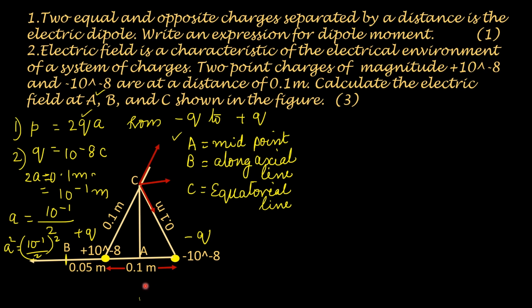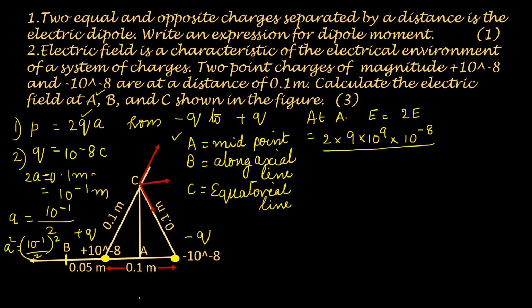It is equal to the total of electric field due to positive 10 raised to minus 8 coulomb and negative 10 raised to minus 8 coulomb. So it is E plus E equal to 2E, equal to 2 into 1 by 4 pi epsilon naught into Q by r square. That is 2 into 9 into 10 raised to 9 into 10 raised to minus 8 divided by r square.